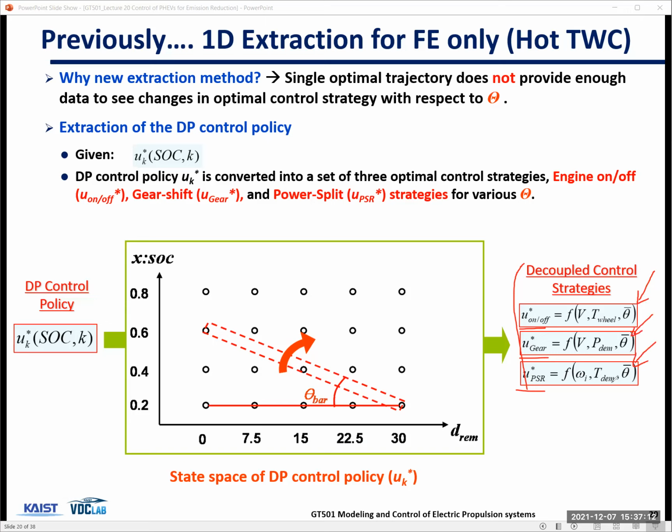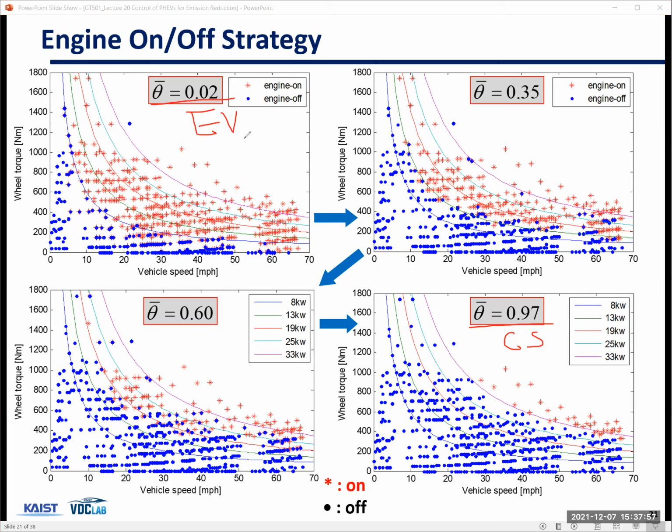When theta is close to 0, then this is EV, meaning that we want to deplete SOC fast for EV case, and we want to maintain... I'm sorry, it's the other way. So this is EV, this is CS. Sorry about that. So when theta equals 0, then we need to maintain SOC.